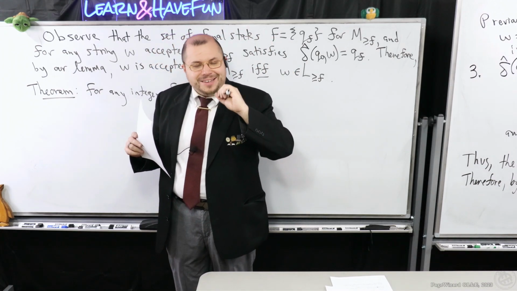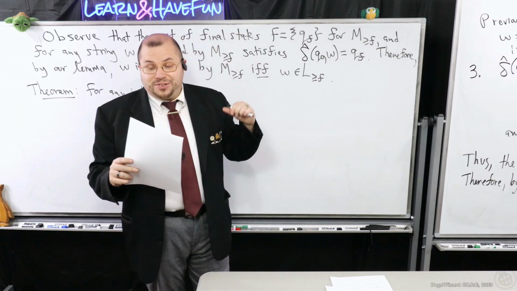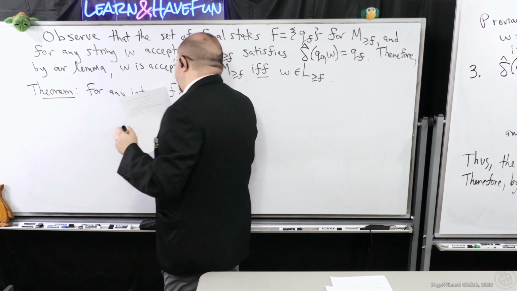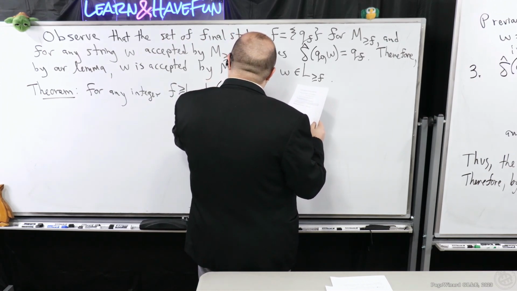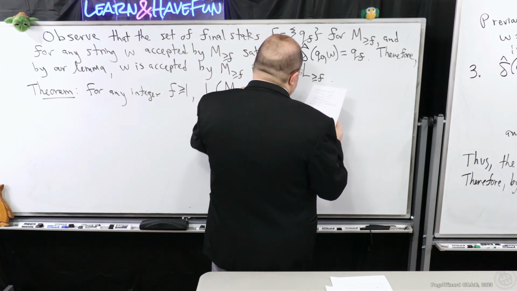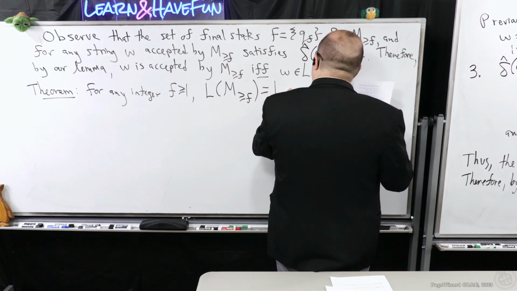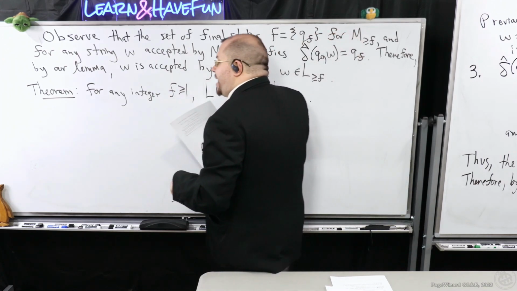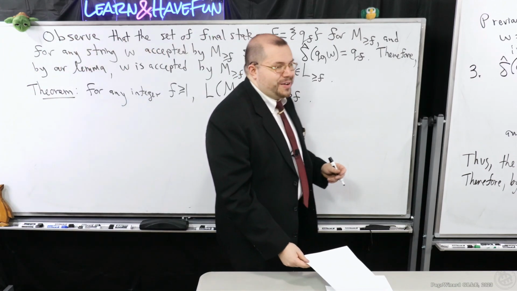Each language is associated with an integer, and each DFA is associated with this integer. Please keep that in the back of your mind. So the language of M at least f is equal to L at least f. And that concludes the example. So this is how we could prove that our DFA is correct.